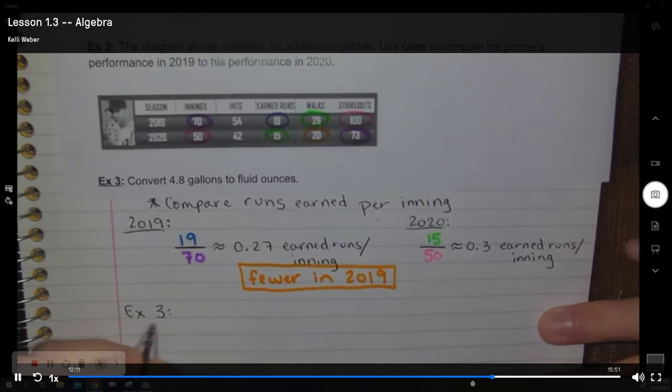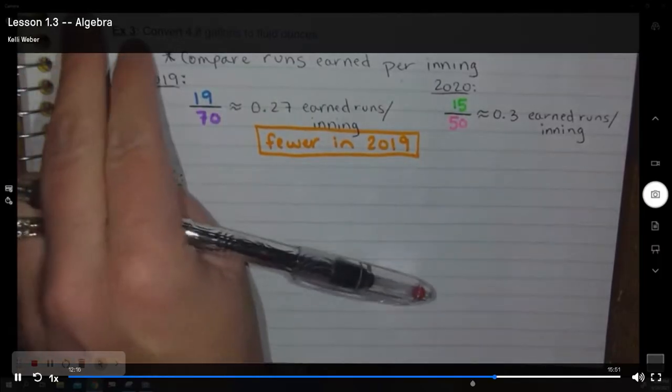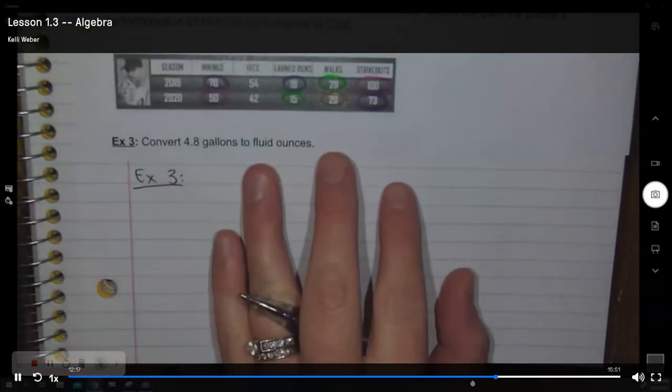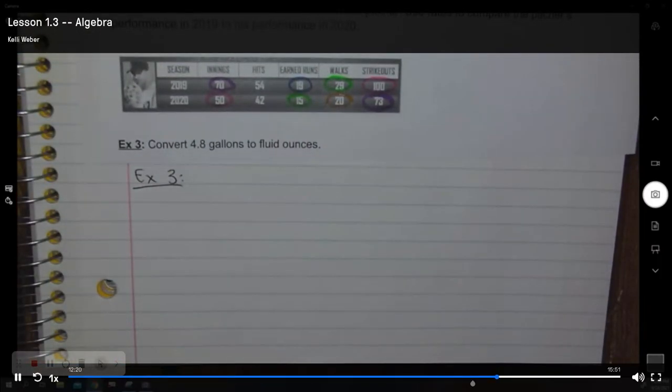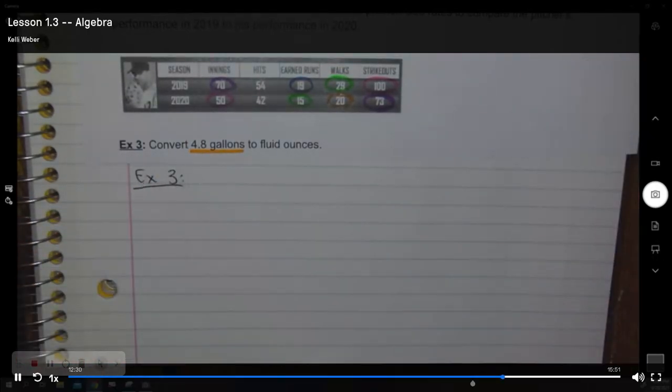And then for example 3, we are going to be using rates to convert from one unit of measurement to another. So this is asking us to convert 4.8 gallons to fluid ounces.